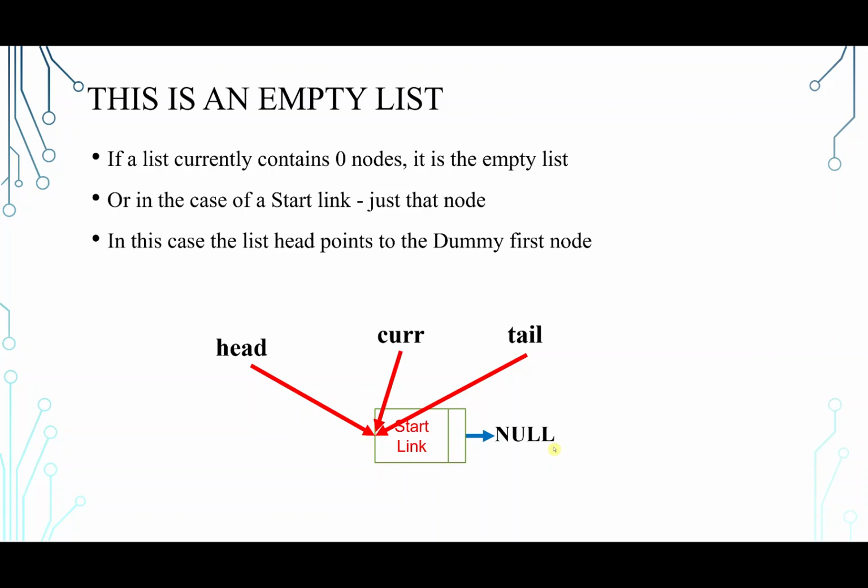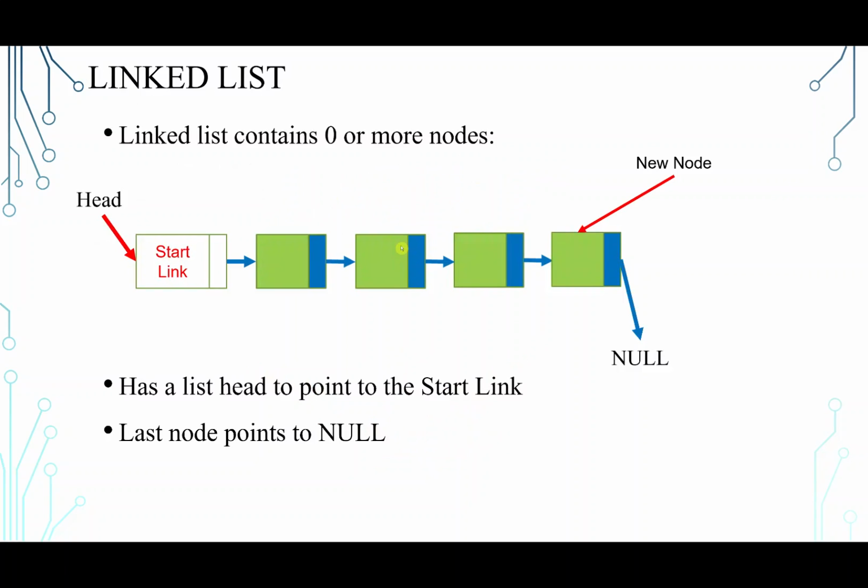Or in the case of a start link, it has 1 node, but still the size is 0, because it does not have actual data. So in this case, the list head points to the dummy first node. So a linked list contains 0 or more nodes. So the head is pointing to the start link.